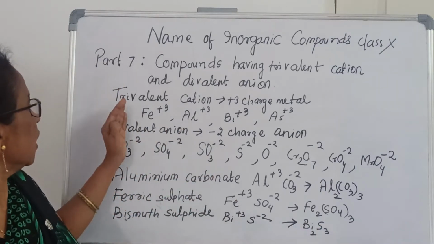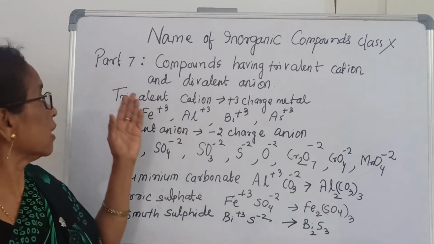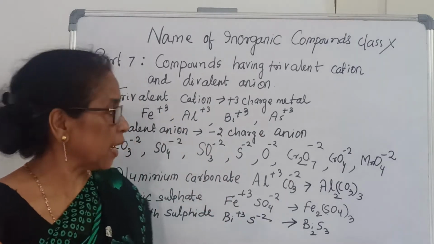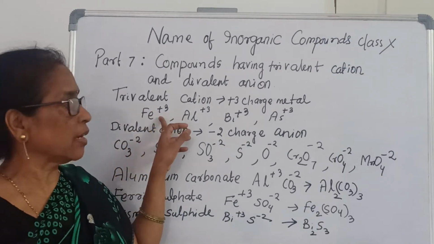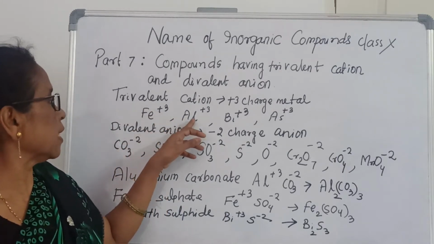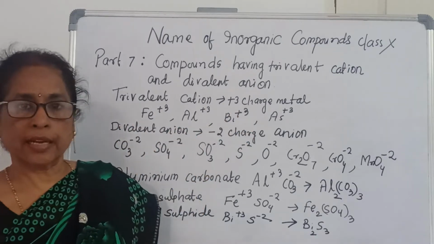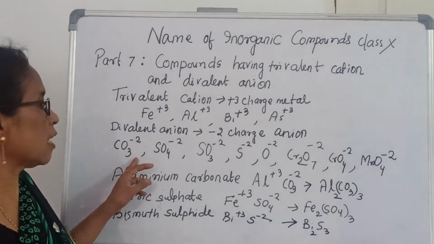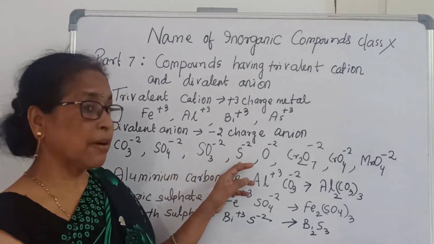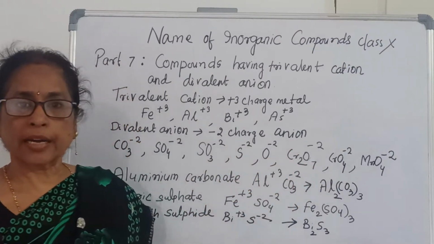Now again you see trivalent cation and divalent anion, the compounds here in part 7 that I am going to explain. These are called trivalent cations: Fe plus 3, Al plus 3, Bi plus 3 and As plus 3. Divalent anions, that is minus 2 charge: carbonate, sulfate, sulfide, oxide, dichromate, chromate, manganate.